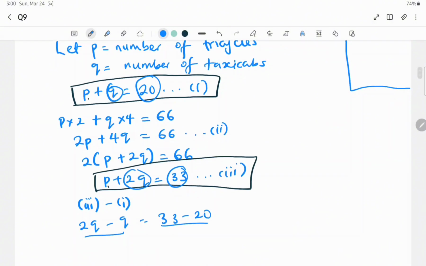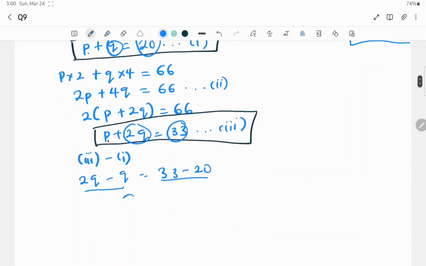So 2Q minus Q gives me Q, and 33 minus 20 gives me 13.